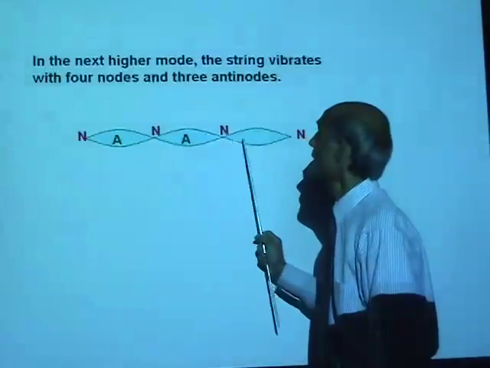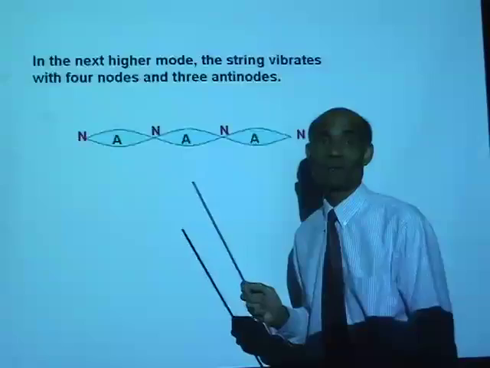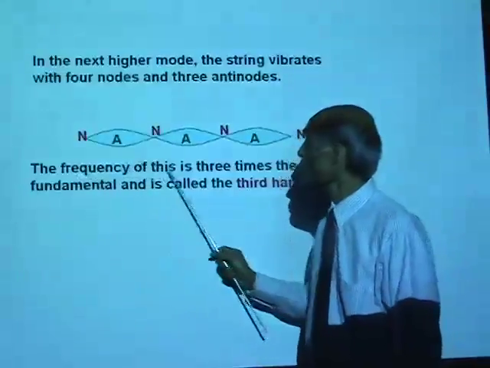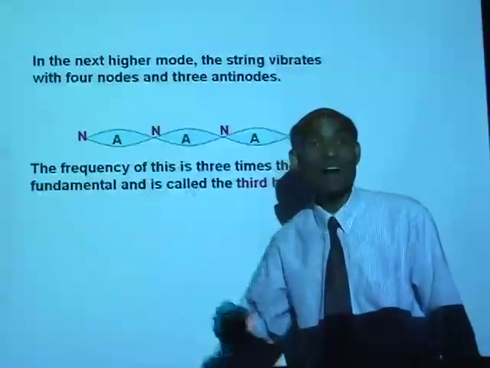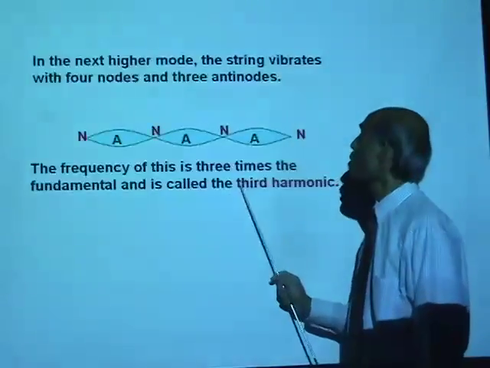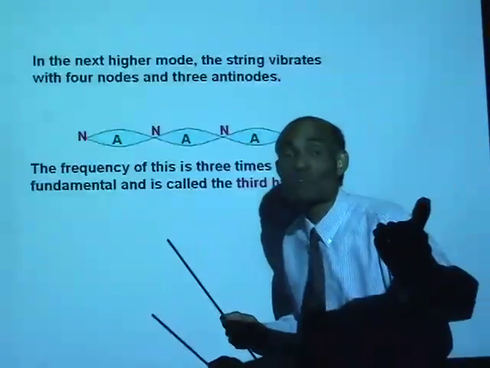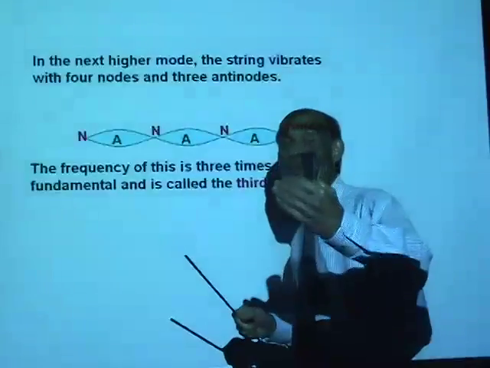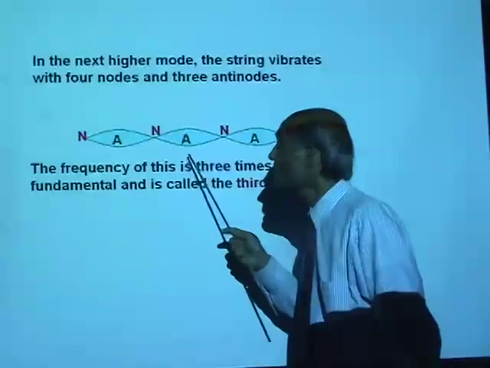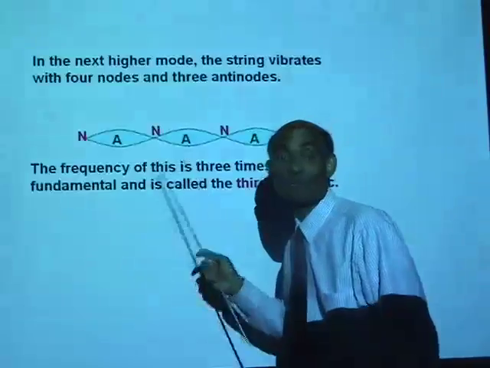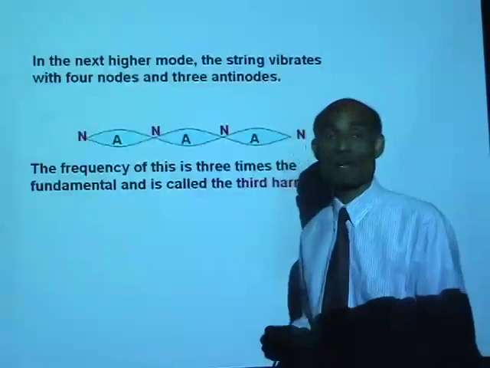An antinode, an antinode, an antinode. The frequency of this is 3 times the fundamental, and you call it the third harmonic. So the fundamental, twice the fundamental is the second harmonic, 3 times the fundamental is the third harmonic.